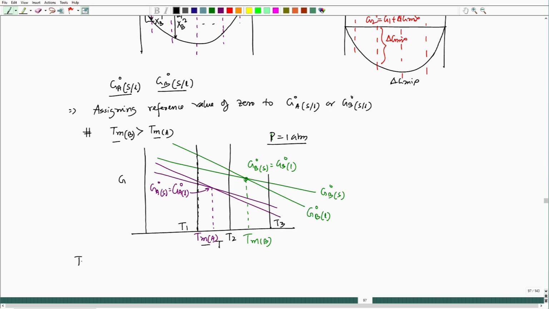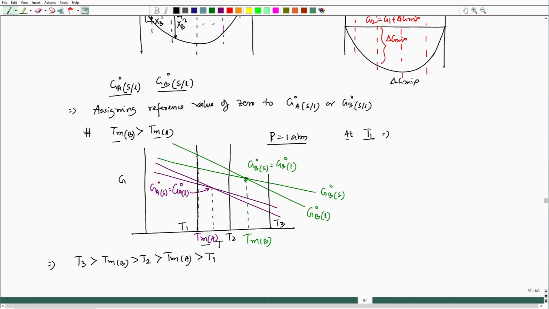The relation is T3 greater than T_mB greater than T2 greater than T_mA greater than T1. We need to see the free energy hierarchy at all these 5 temperatures. Okay, let us take temperature T1.